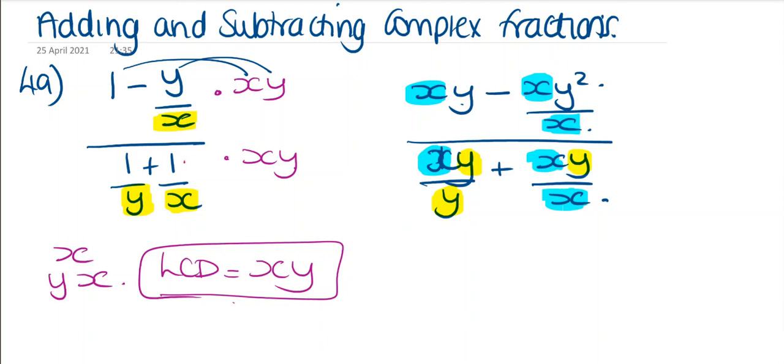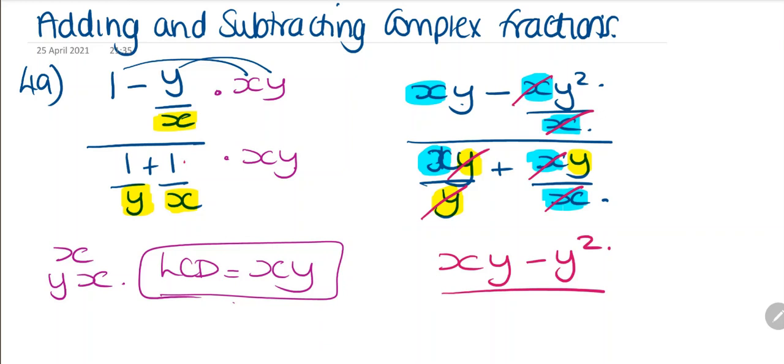So we can cancel this x, we can cancel this x, and we can cancel this y. So we're going to be left with xy minus y squared over, and then we have x plus y.